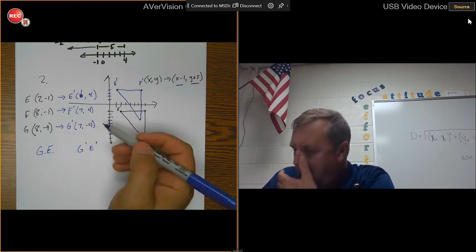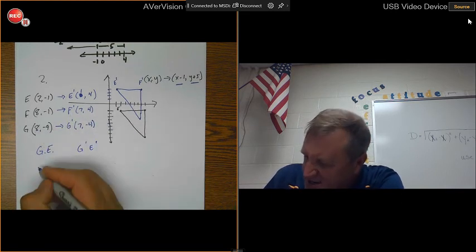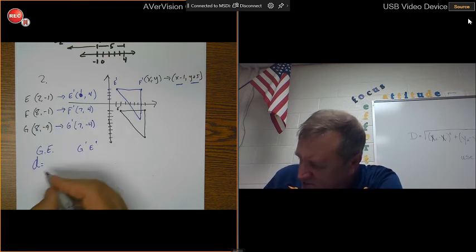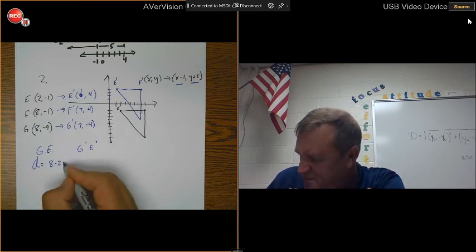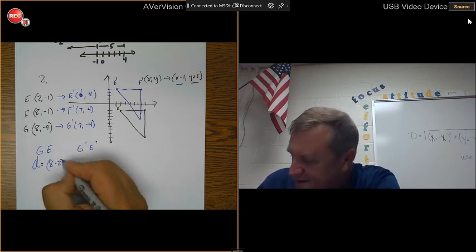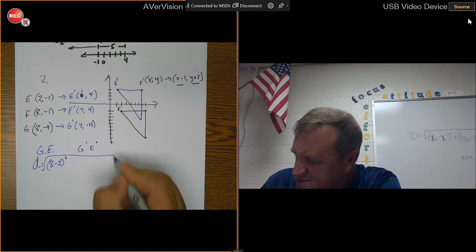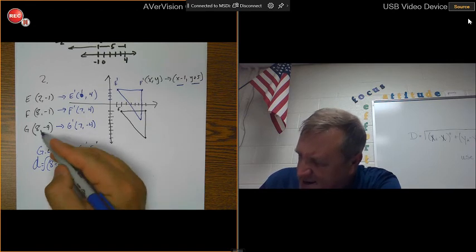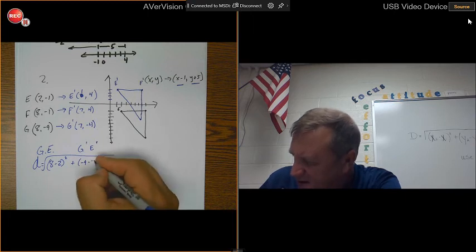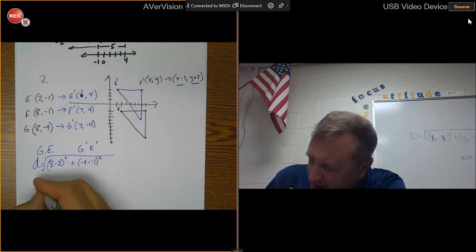So let's find GE. So that would be the distance, G, that's 8 and 2. 8 minus 2. Distance formula, quantity squared, square root, plus negative 9 minus negative 1. Be careful with your math.